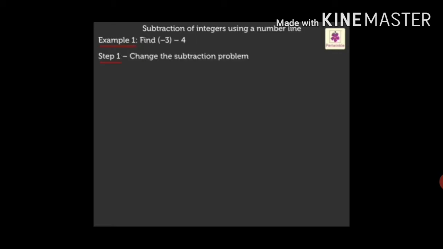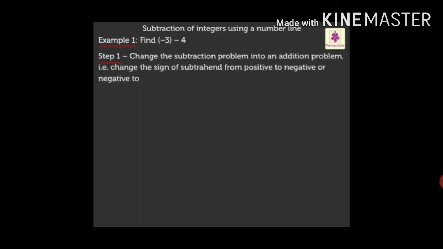Change the subtraction problem into an addition problem. That is, change the sign of subtrahend from positive to negative or negative to positive. So, here on changing, we get the addition problem as -3 plus -4.